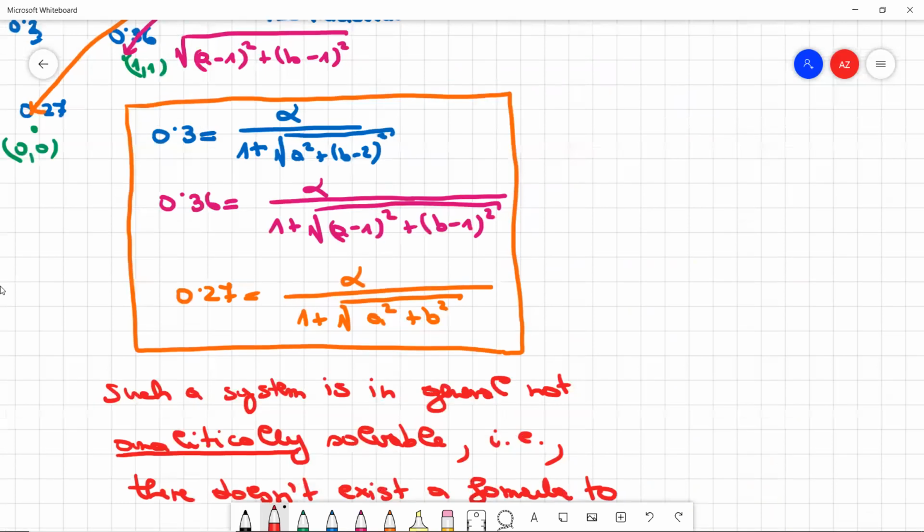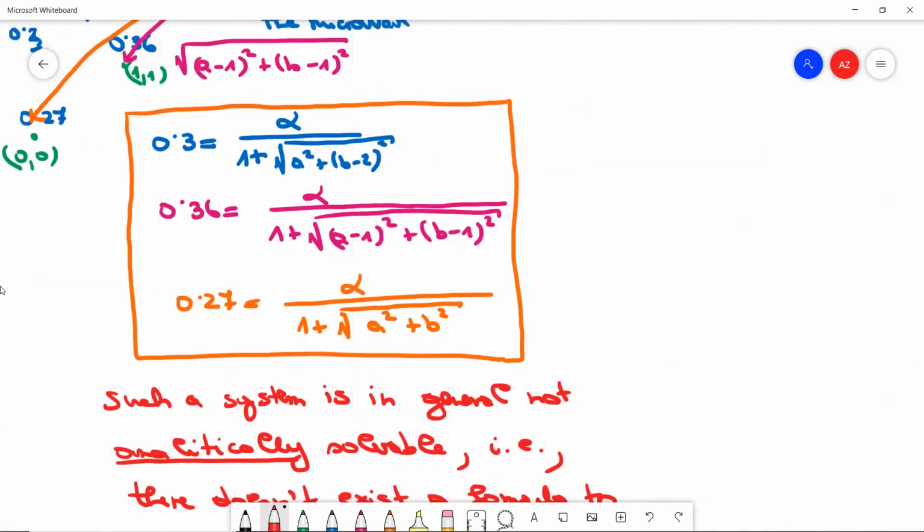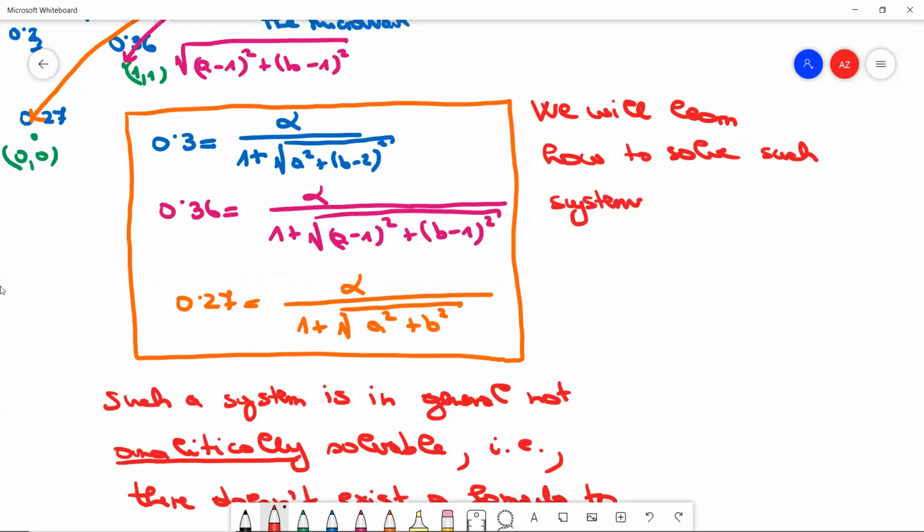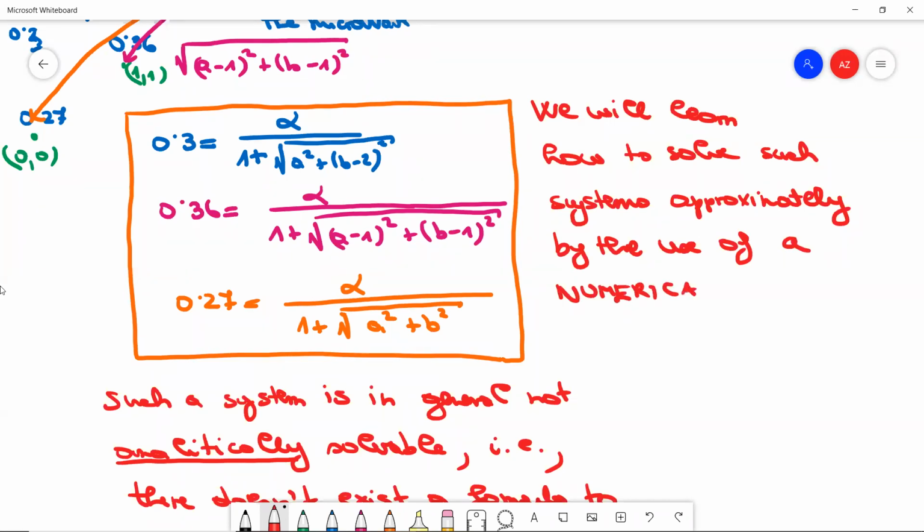So we will learn how to solve such systems approximately by the use of a numerical method which is called the Gauss-Newton method.